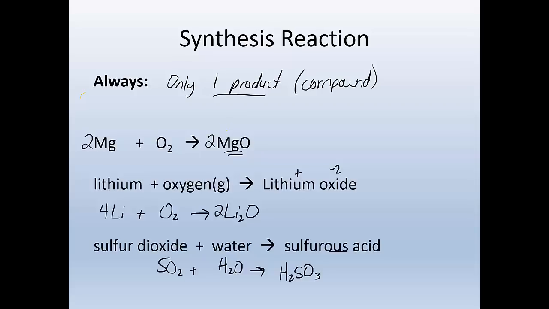One product. So it's a marriage. You're making one couple, okay, one product. Sometimes your product might have more than just 2 elements. But again, it's only one compound. Okay, that's a synthesis.